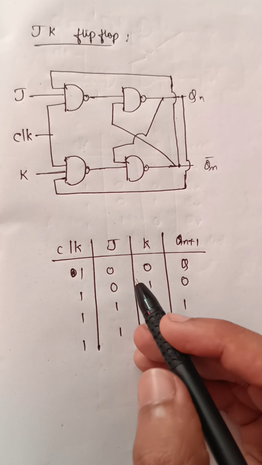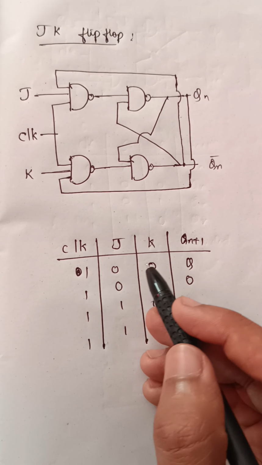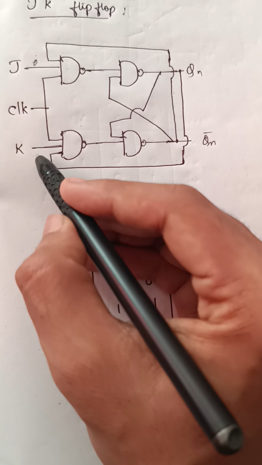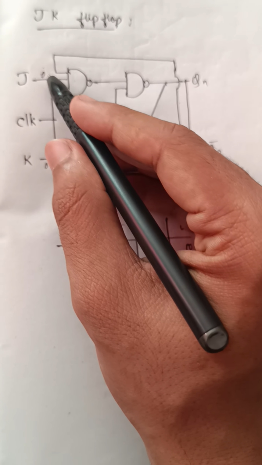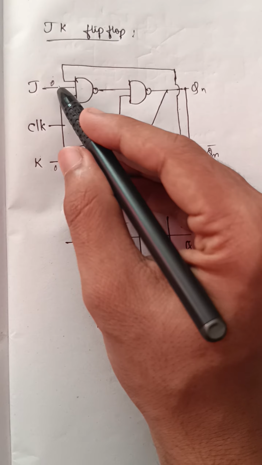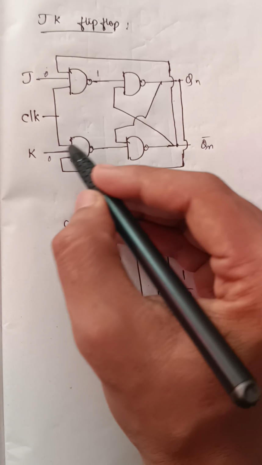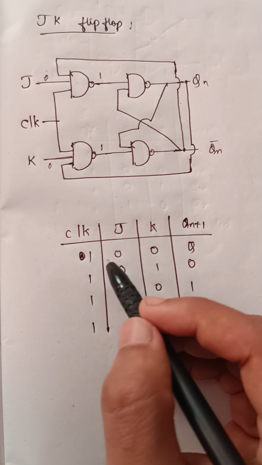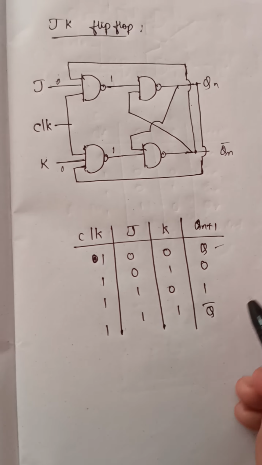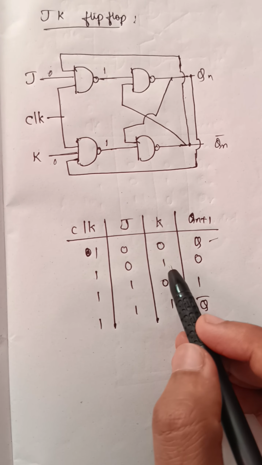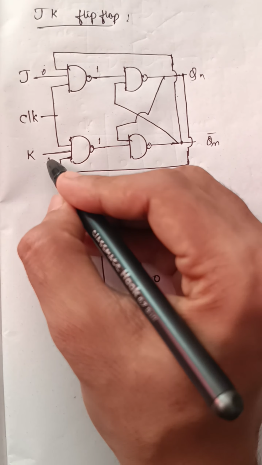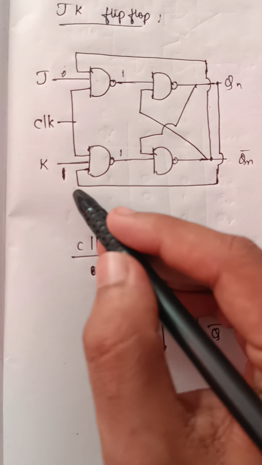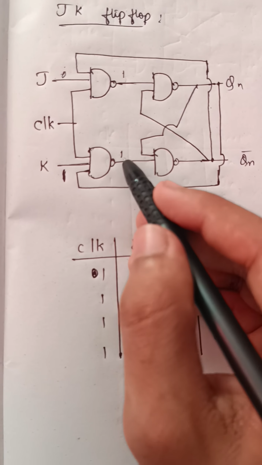Here we will see, if J and K are 0 0, then at the NAND gate, if one single input is 0, then the NAND gate will give 1. Here also the same 1, and like in the SR flip-flop it will give Q. And the next is 0 1. If J is 0 and K is 1, then this will give 1, and for this it is not 1.